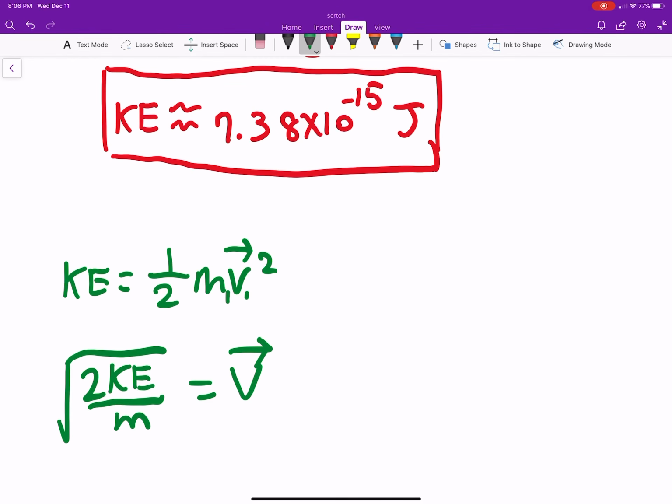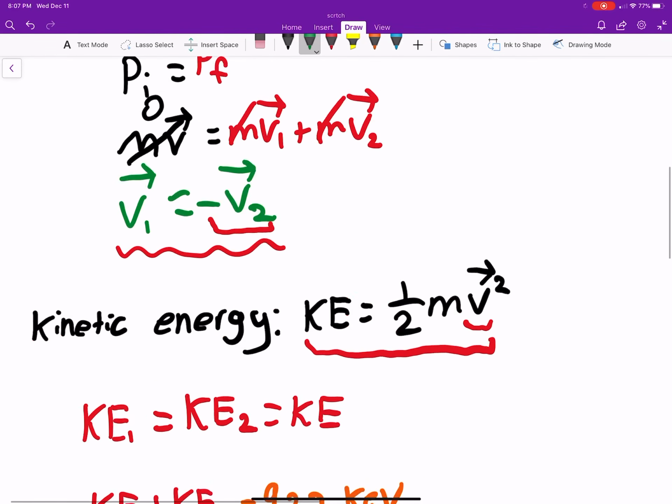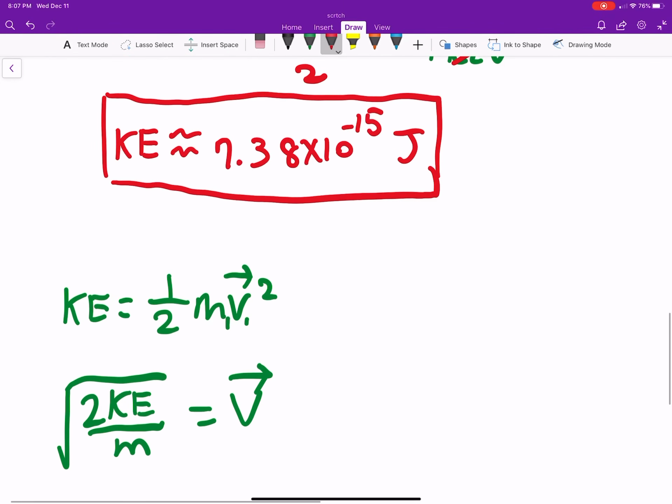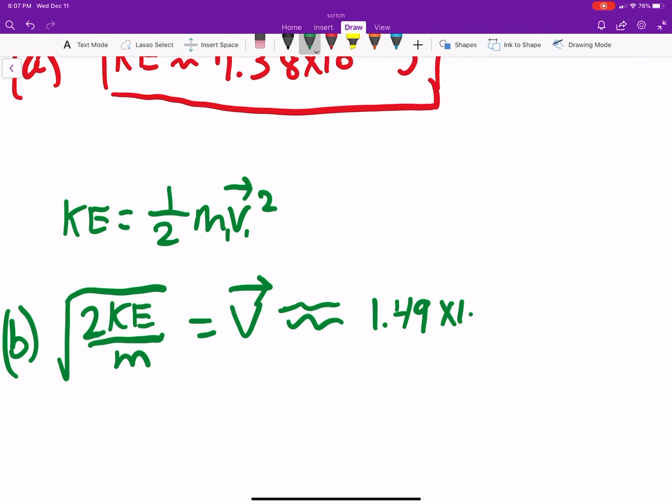We know the mass that was given in the problem, and we just solved for the kinetic energy. So using part A, part B is a breeze. All we have to do is a little bit of algebra and then plug in. And if you plug this in, you should get 1.49 times 10 to the 6 meters per second.